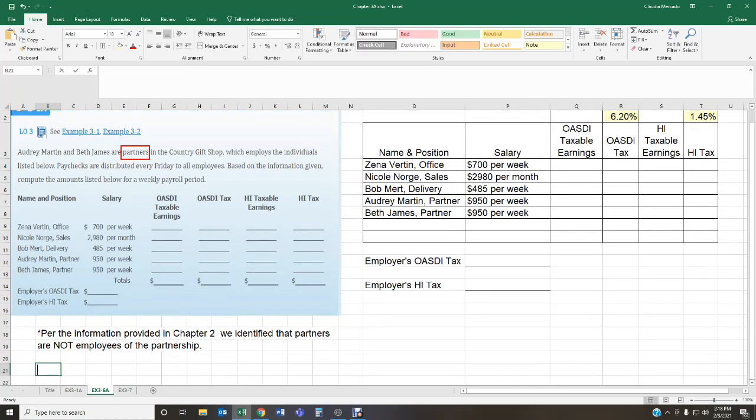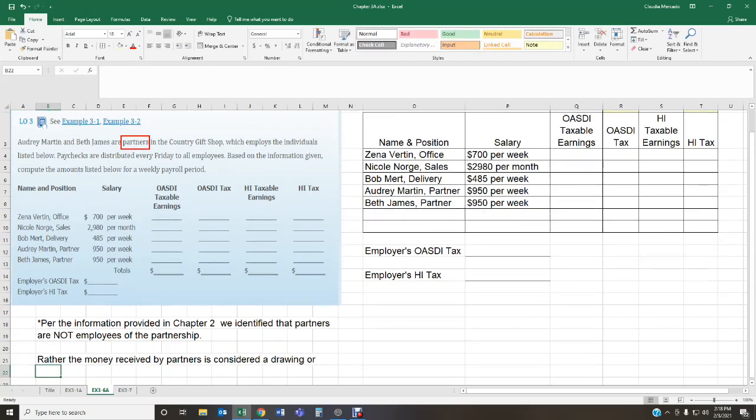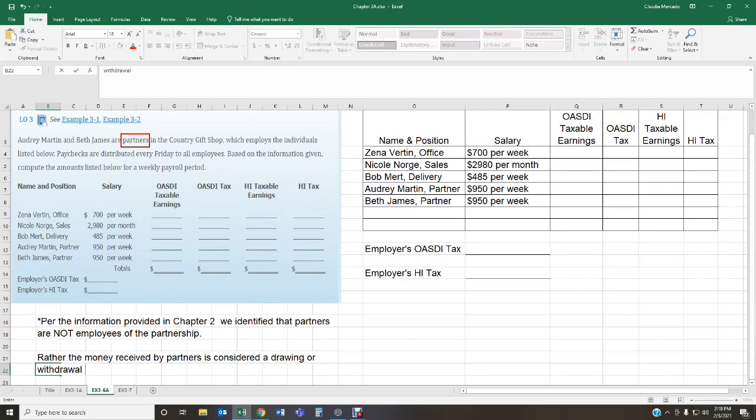Rather, the money received by partners is considered a drawing or withdrawal from the business. So if I'm a partner and I'm taking out specific amounts of money each week, that is not salary.